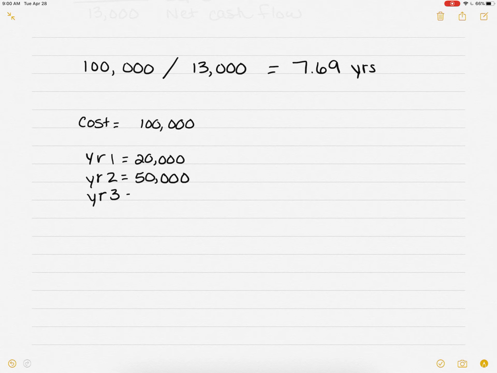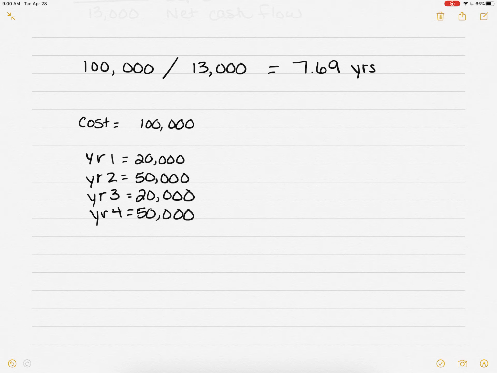Year 3, I would get another, make it simple, $20,000, and then year 4, I'm trying to make it very simple here, we'll make it another $50,000.